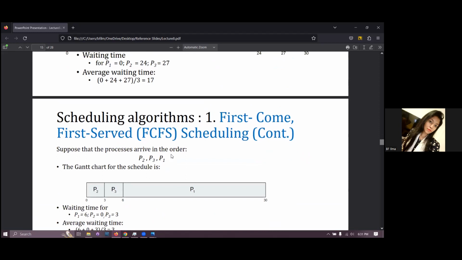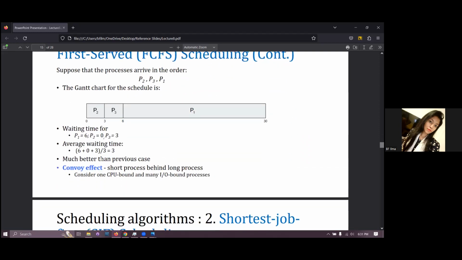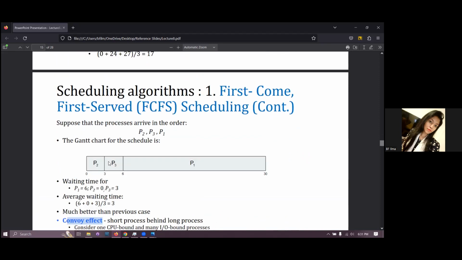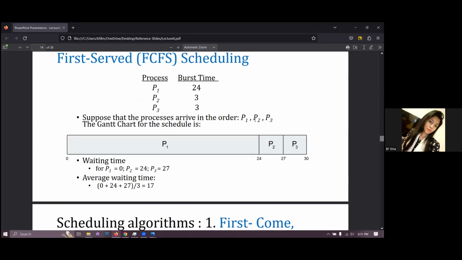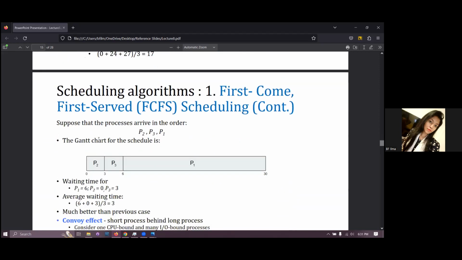This has the convoy effect. Suppose P2 and P3 are IO bound processes. If a CPU bound process is occupying the CPU for a long time, then a number of IO bound processes get backed up behind it.